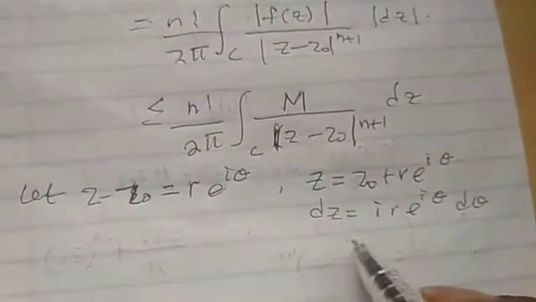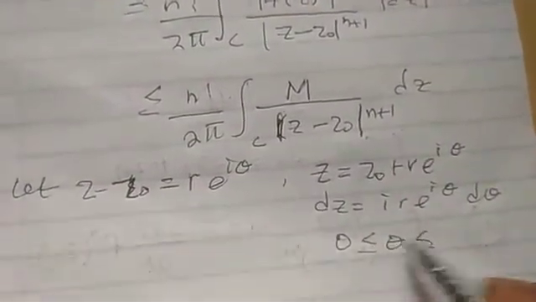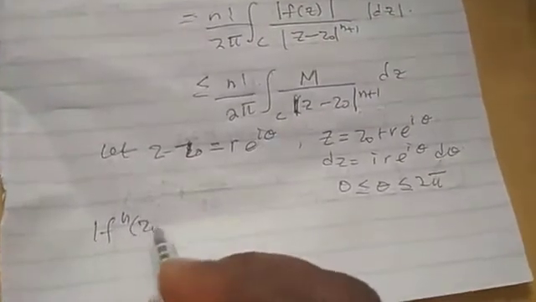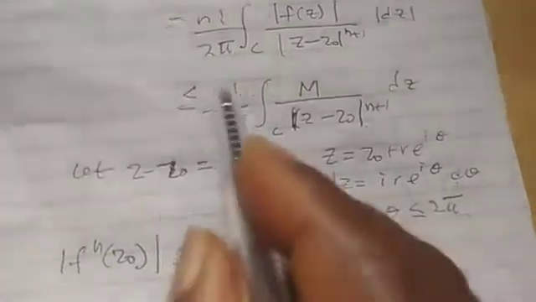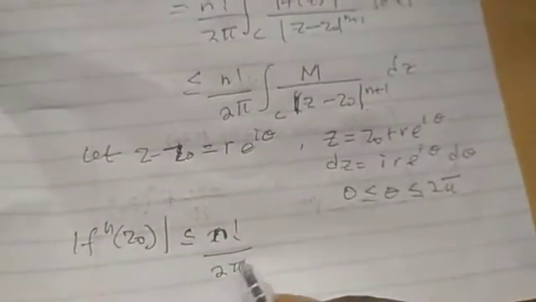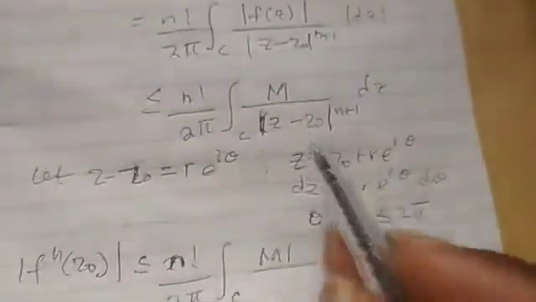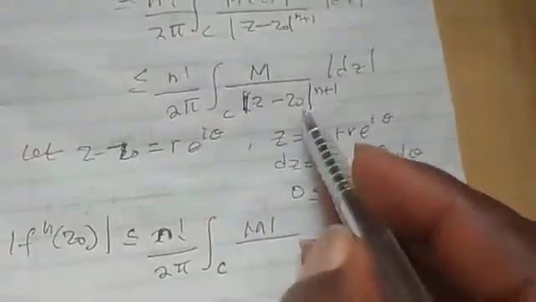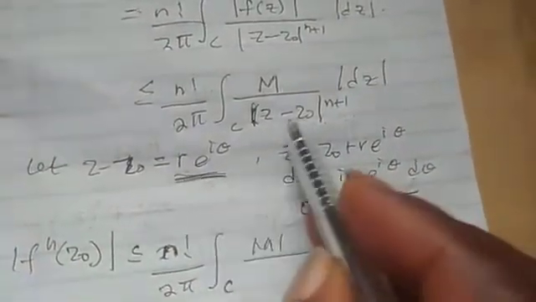So when we have that, our θ is between 0 and 2π, which is 360 degrees. Therefore, the absolute value of f^(n)(z₀) will be less than or equal to n! over 2π times the integral of M over — don't forget that there's an absolute value here — we have said that z − z₀ is this, so let's put it there.